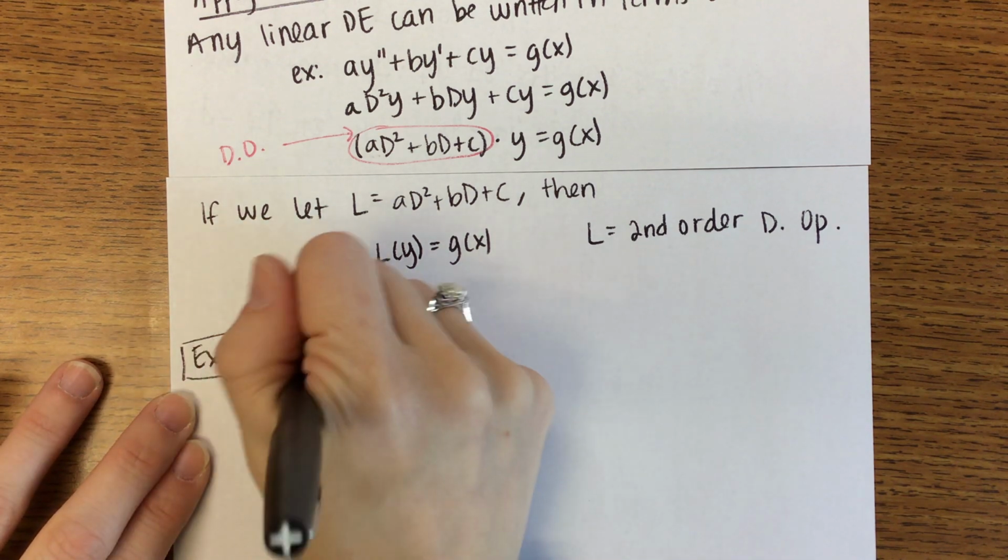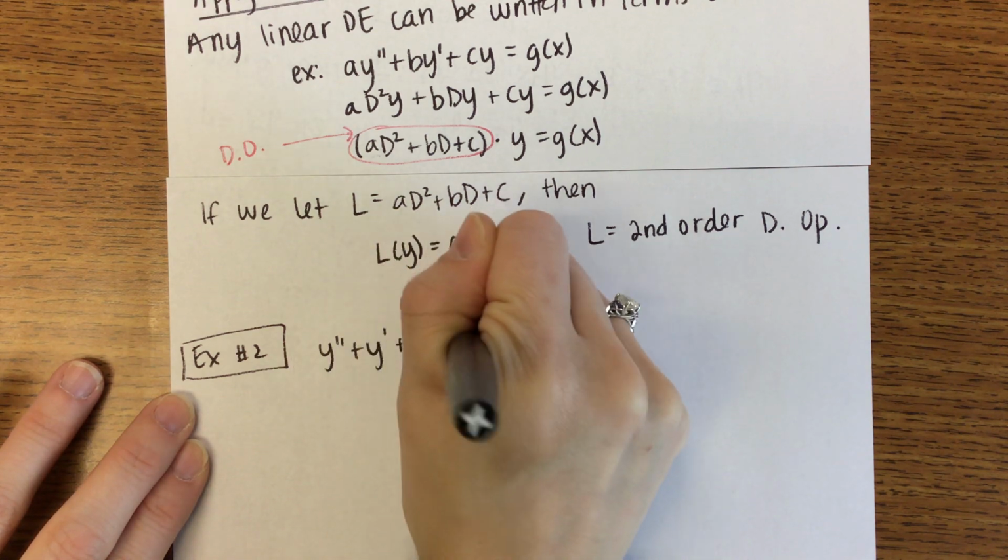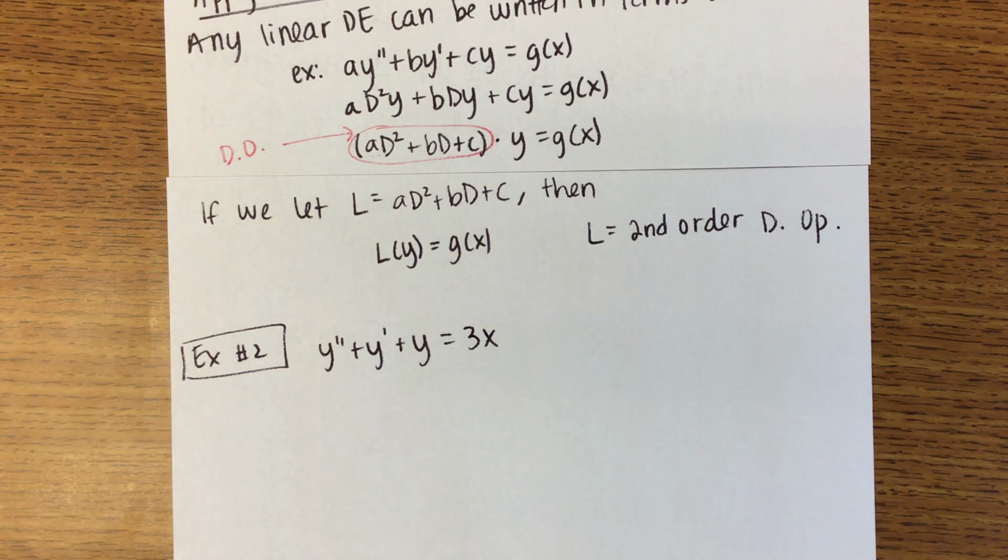If we look at the following example, y double prime plus y prime plus y is equal to 3x, we need to be able to write this in terms of differential operators.